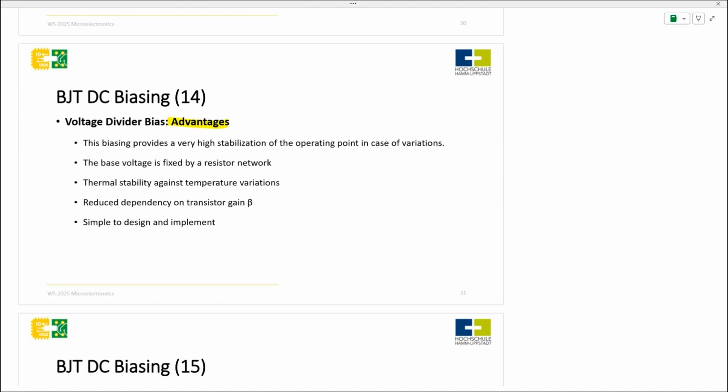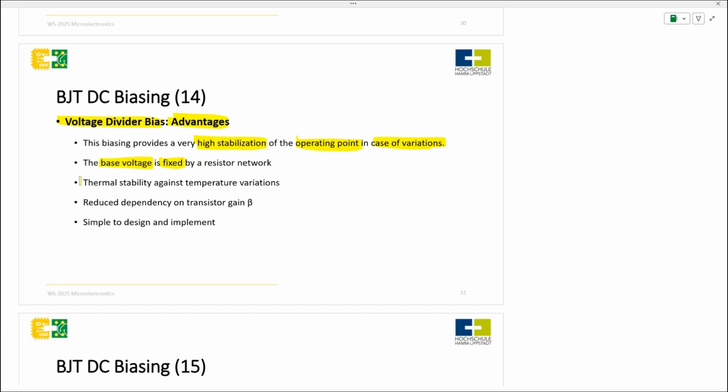What are the advantages here in our voltage divider bias? So this biasing provides a very high stabilization of the operation point, in case of variation. The base voltage is fixed by a resistor network.